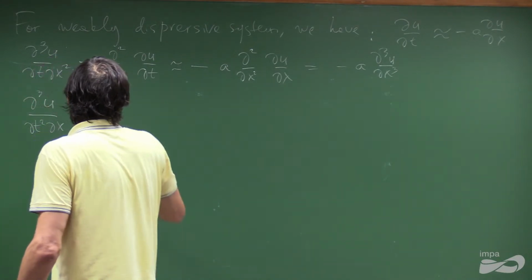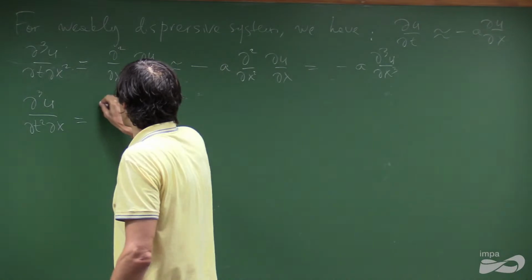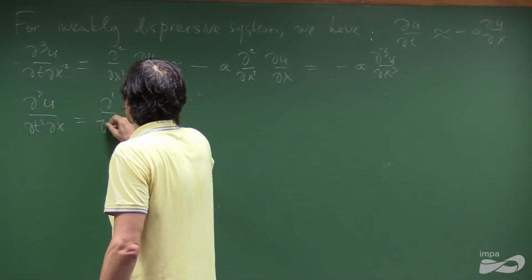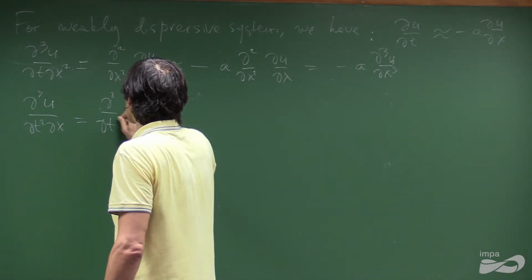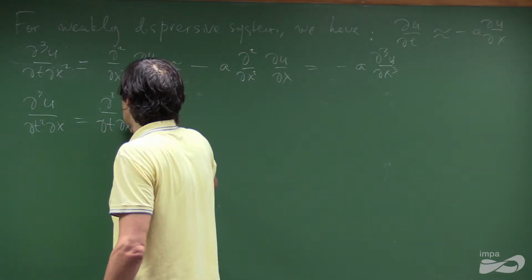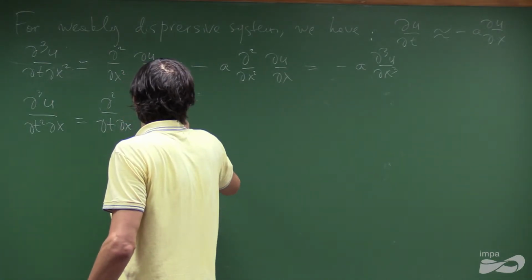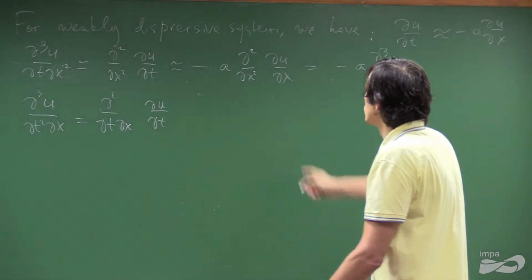And then you can do the same for the next, second derivative. What you do, you remove t and x and keep just one t derivative. Use the same trick.